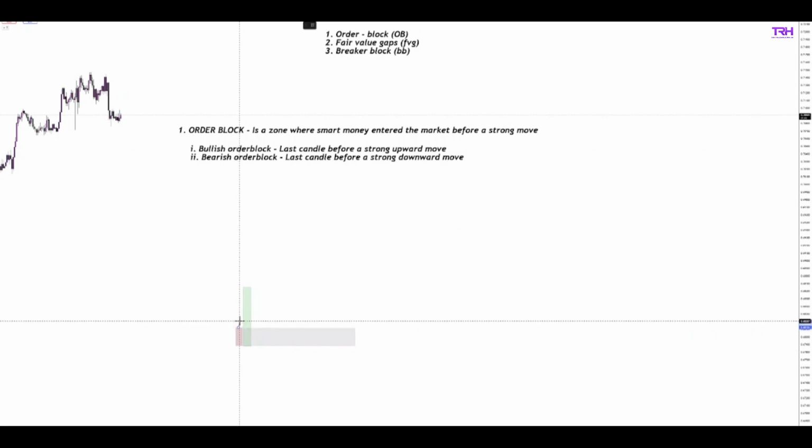Let's just duplicate this, with the wick above and the wick below.